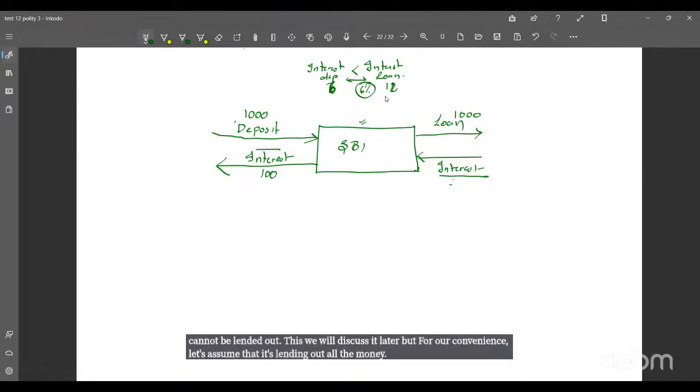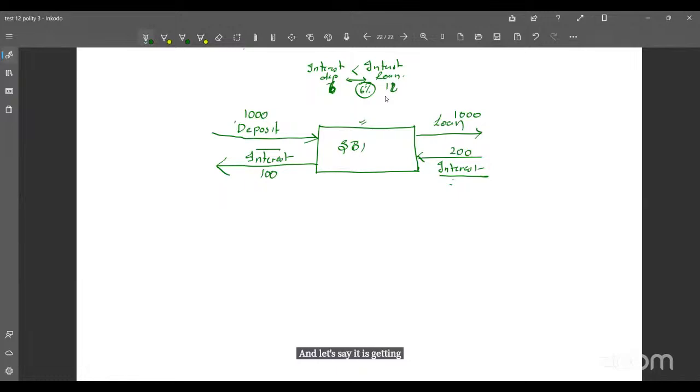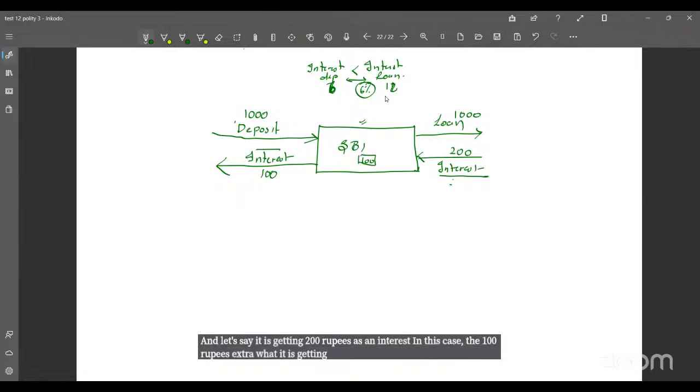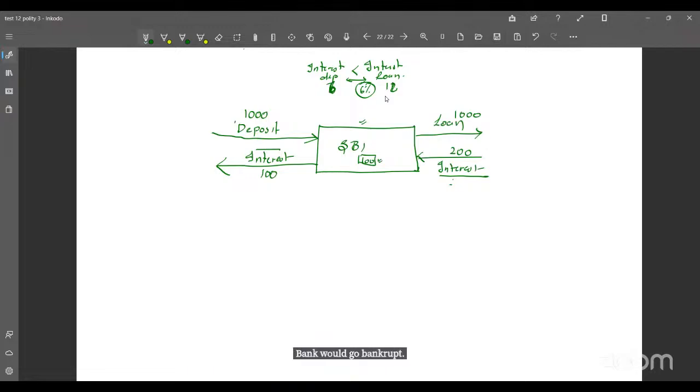And let's say it is getting 200 rupees as interest. In this case, the extra 100 rupees it is getting is the running expenses of this bank. The bank should have this 100 rupees as running expenses. If it does not earn this, the bank would go bankrupt.